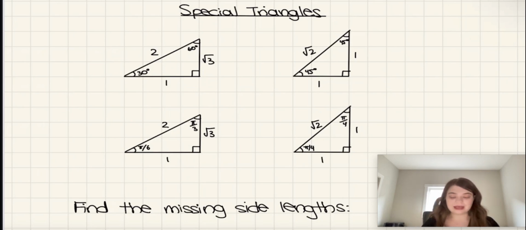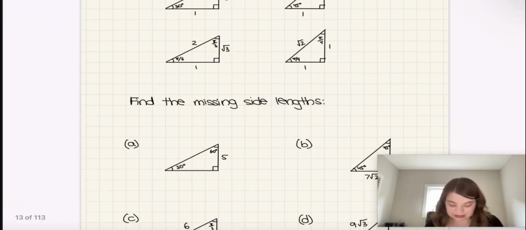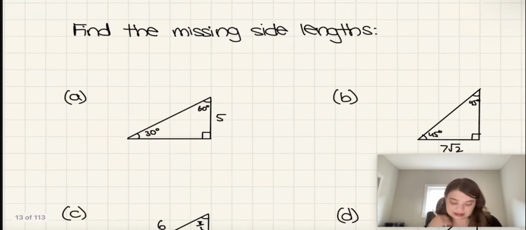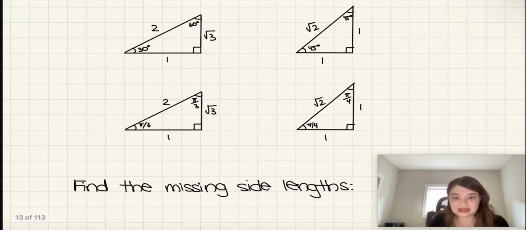So I'm going to give you an example to show you what I mean by that. So let's start with this first one down here. This one is a 30, 60, 90 triangle, and we know that this side length that's adjacent to 60 is 5. Now, on our original one, the length that's adjacent to 60 is the square root of 3. And so in order to find the missing side lengths, essentially what we need to do is divide everything by the square root of 3.